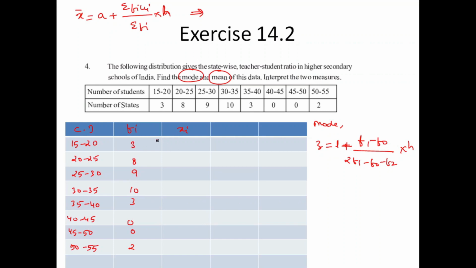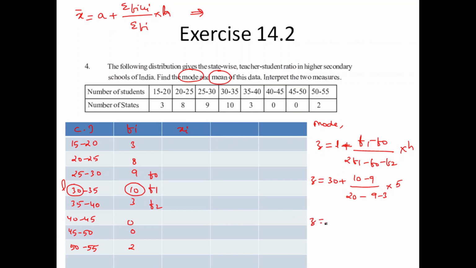So the maximum value is 10. I'm taking this as f1, and this as the value of L. Substituting in the mode, L is 30, f1 is 10 minus 9 by 2 into 10, that is 20, minus 9 minus 3, into h value, which is 5. I hope this substitution is clear for everyone.